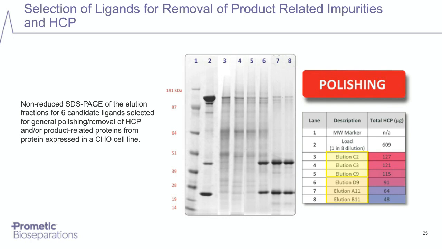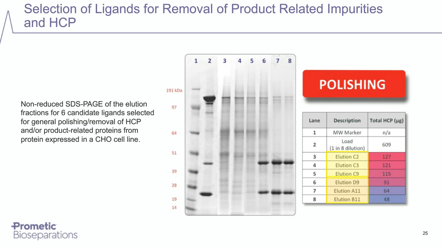We can provide larger amounts of any one of these ligands, either in a pre-packed column format in our Evolve D columns, or we can supply any amount of slurry, including large volumes for process applications, and we can provide the full support going forward. But the starting point, the identification of the adsorbent, is what we're using this block for, and it's very quick and very efficient for doing that.